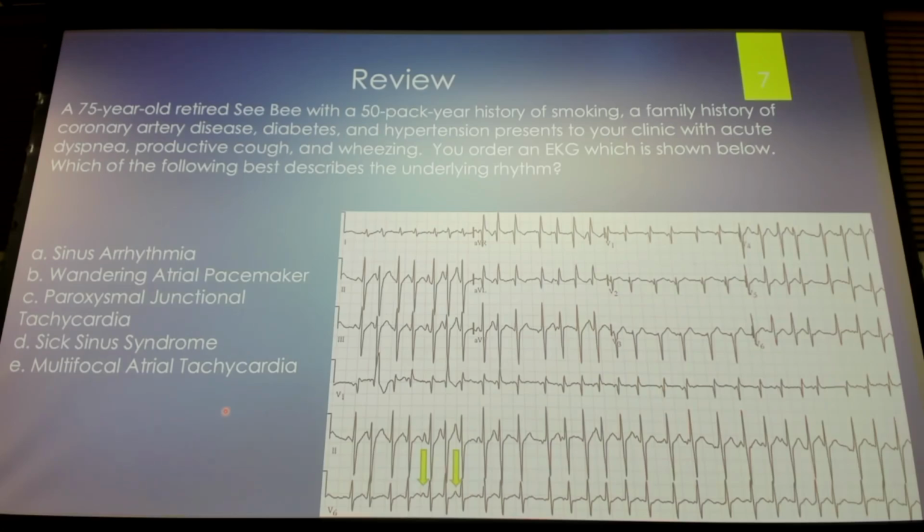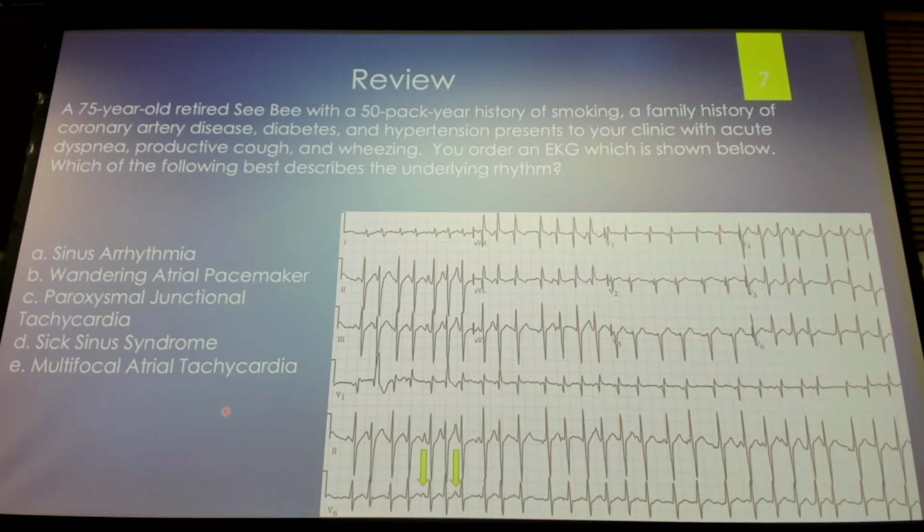Multifocal atrial tachycardia. Nobody agree? Yes. Especially with that history. Big smoking history. He's got cough, wheezing, so that's his respiratory signs and symptoms.